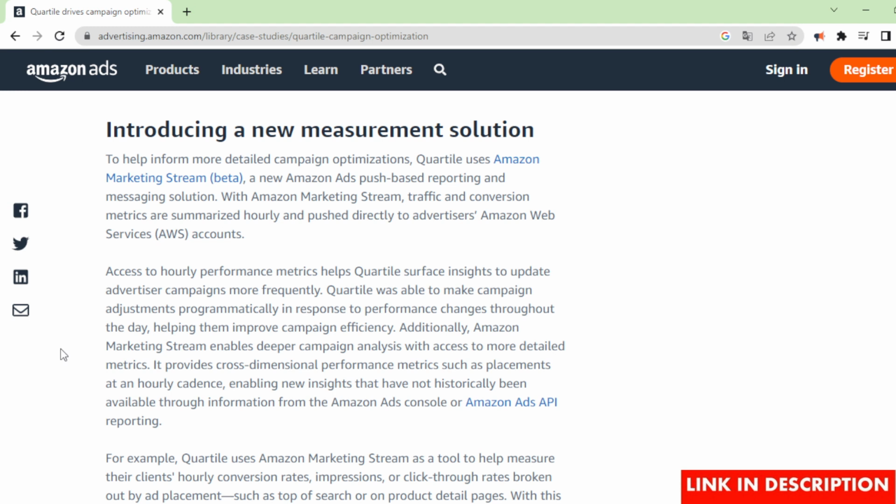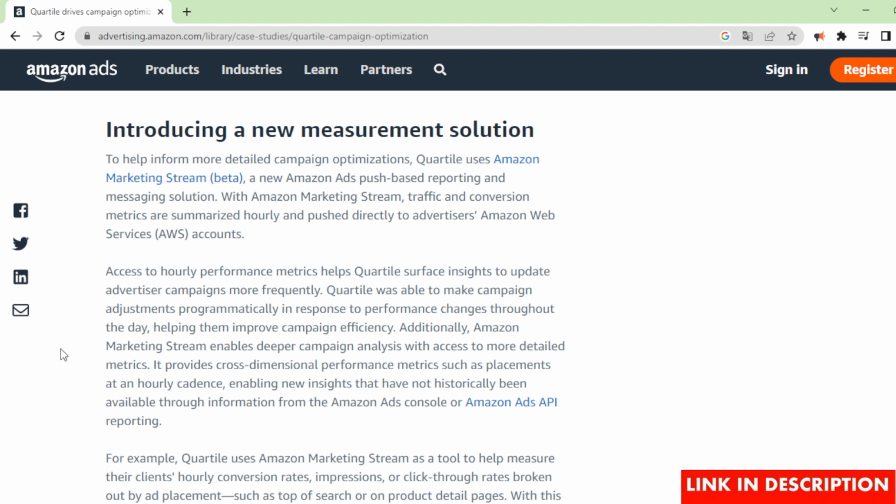Access to hourly performance metrics helps Quartile surface insights to update advertiser campaigns more frequently. Quartile was able to make campaign adjustments programmatically in response to performance changes throughout the day, helping them improve campaign efficiency.